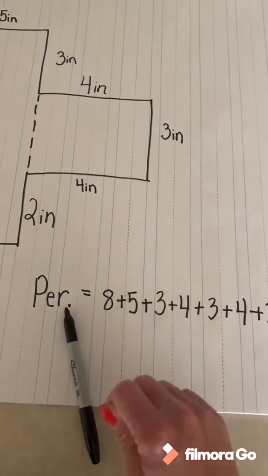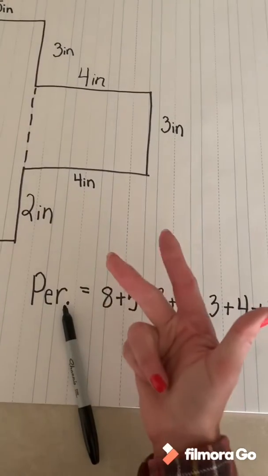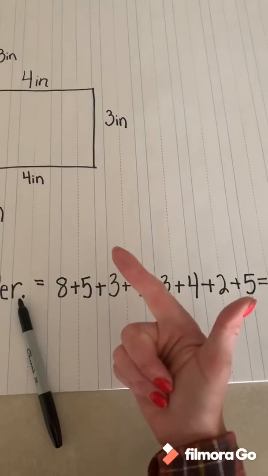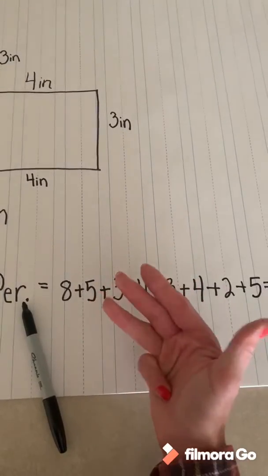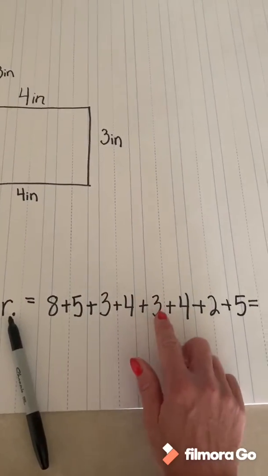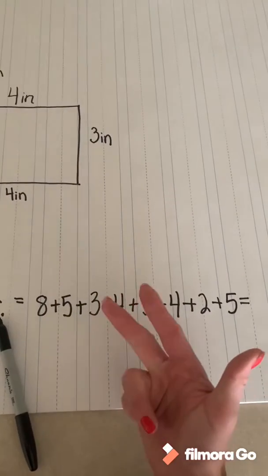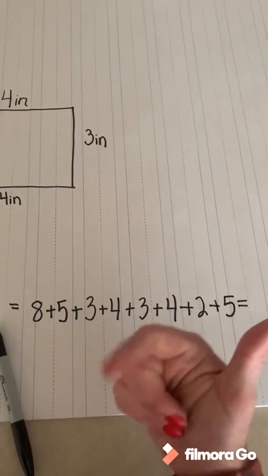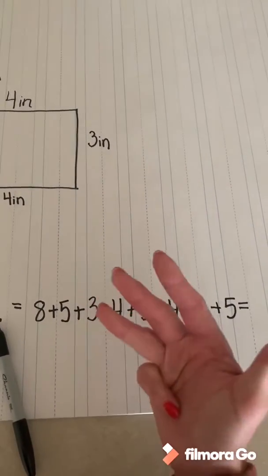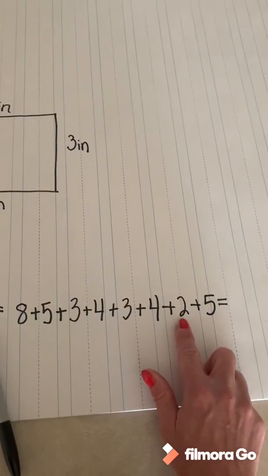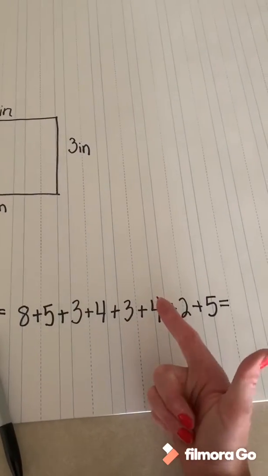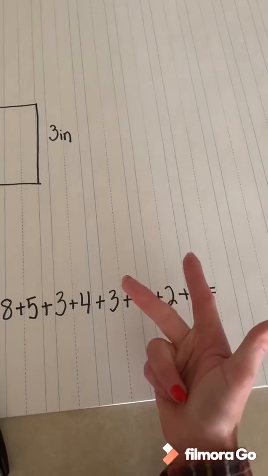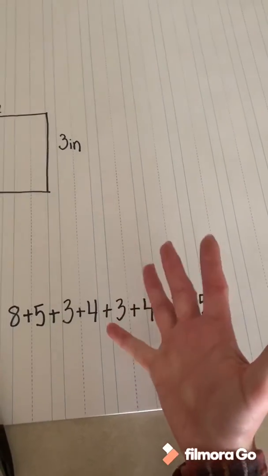So 13, 14, 15, 16, plus this 4, 17, 18, 19, 20, plus another 3, 21, 22, 23, plus a 4, 24, 25, 26, 27, plus a 2, 28, 29, plus 5 more. 30, 31, 32, 33, 34.